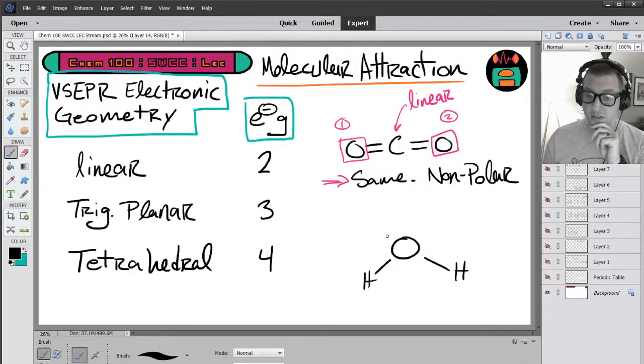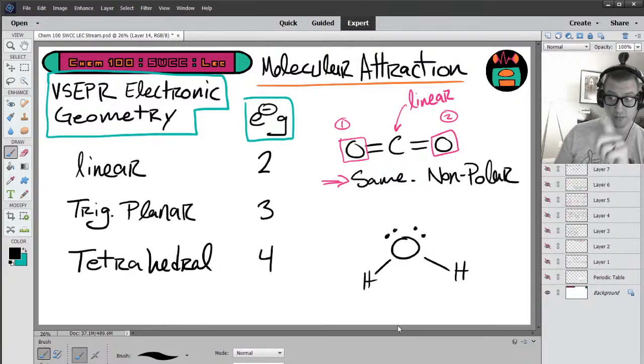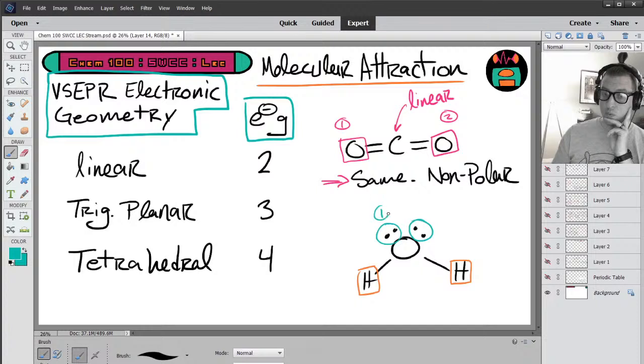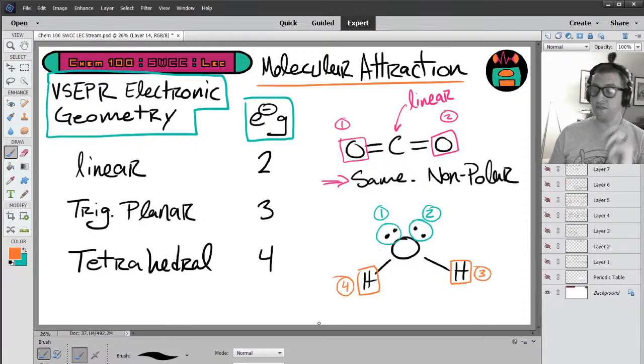What is water's electronic geometry? You're right, water does have 2 hydrogens, but it also has 2 lone pairs. So we actually have 1, 2, 3, 4 groups around water.